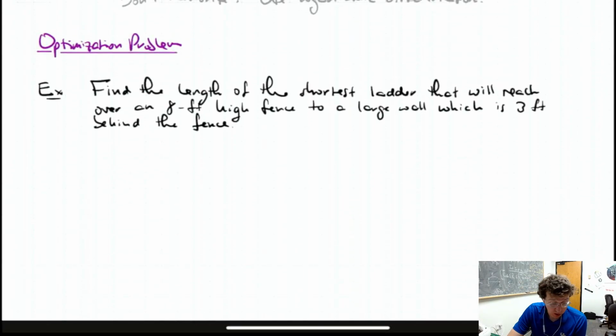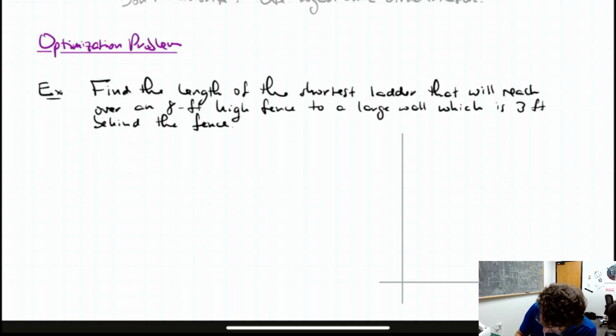So, if you're in my class, you know that the first thing I always want to do in an optimization problem is to draw a picture. I'm actually even going to try to draw this one to scale.